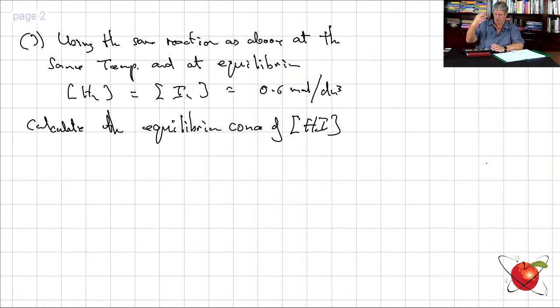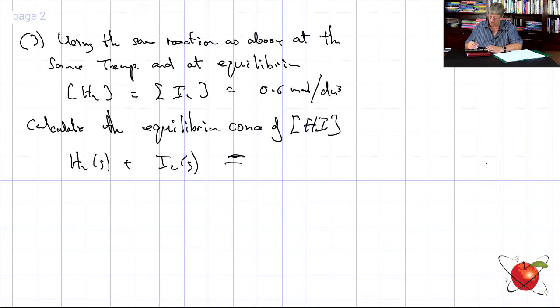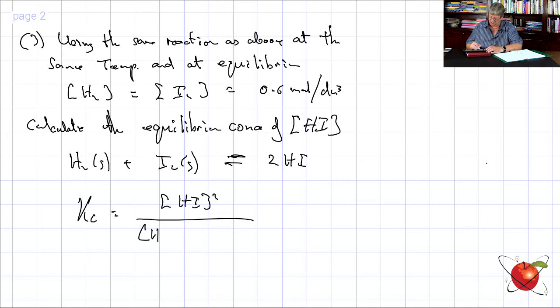Always we start off with the balanced reaction. We've done it before. Let's rewrite it. H2 gas plus I2 gas going to equilibrium 2HI. Expression of mass action, we'll always write it down. HI squared over H2 and I2.